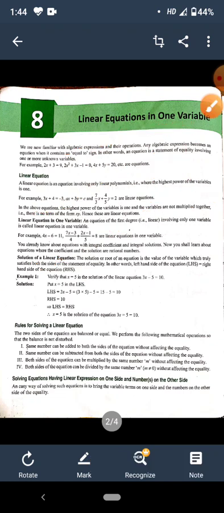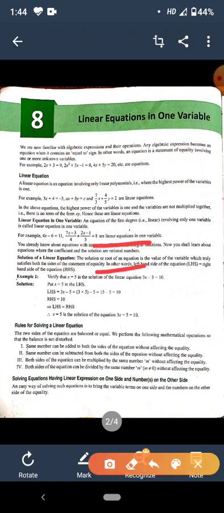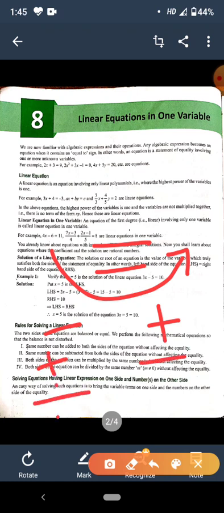So what is the trick, beta? Whenever there is a sign of equal, any number will go to the other side. The minus will change to plus, plus will change to minus. Multiply and divide will interchange, so divide will become multiply and multiply will become divide. So these are the basic rules. When there is a sign of equal, this is the left hand side and this is the right hand side.